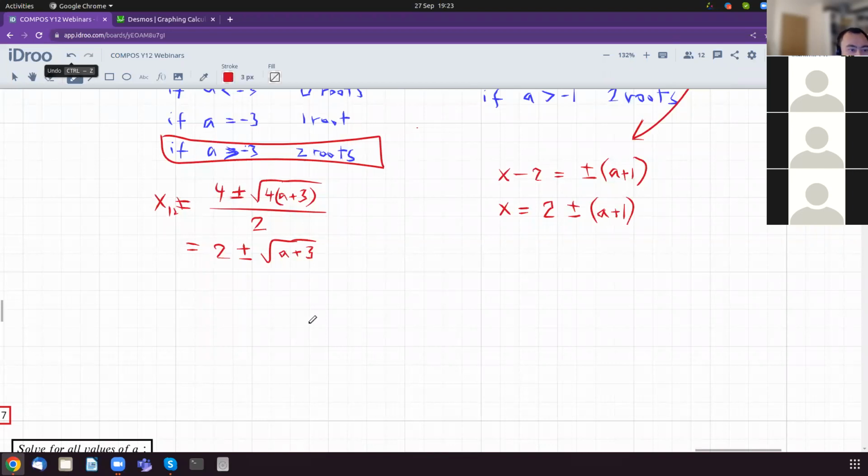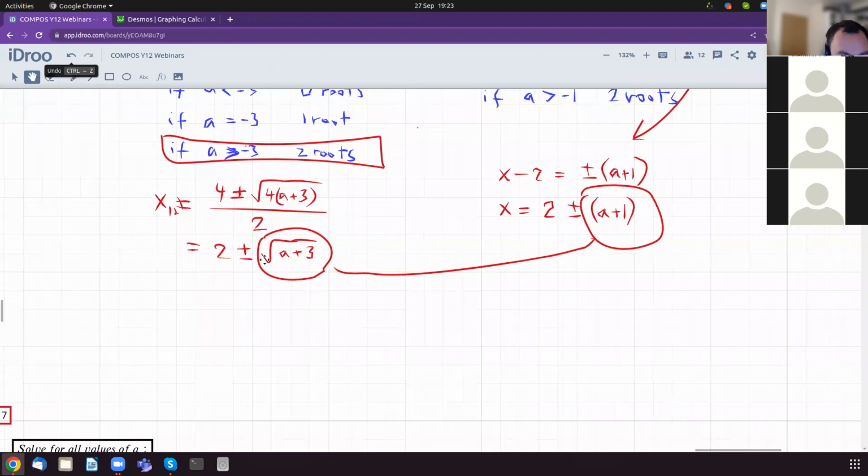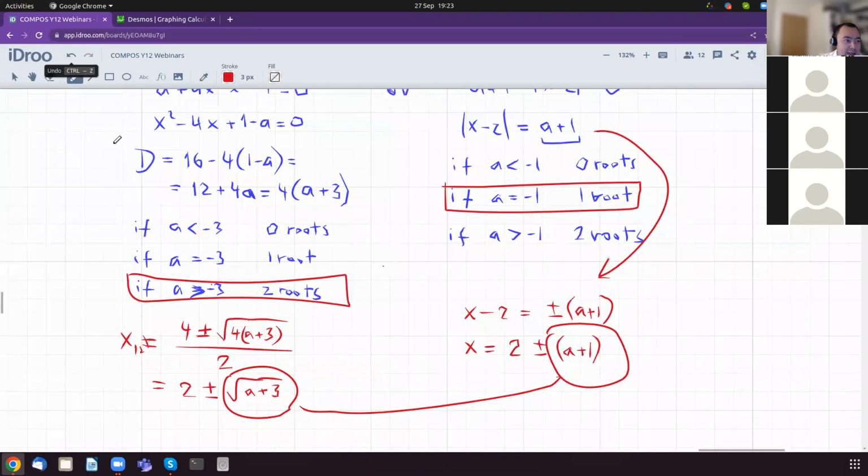And as long as this bit is not equal to this bit, we are good to go. Because look, it's easy to say, well, we have 2 roots here and 1 root here, and that means we have 3 distinct roots. But what if they match?